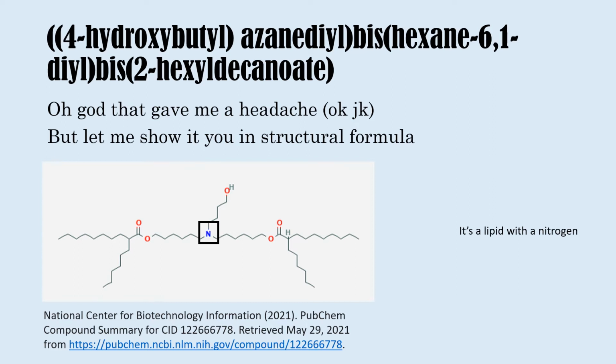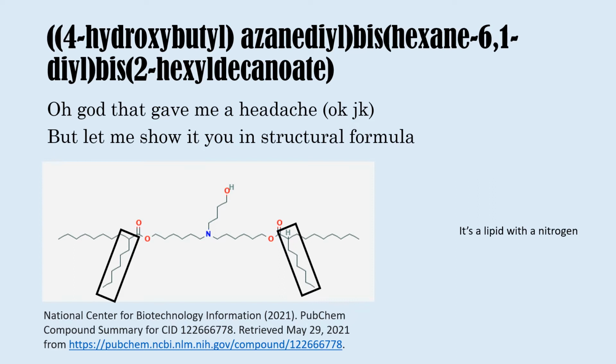And we have the nitrogen, which is the reason why this thing is called acene diol. That's the general structure, like a nitrogen with 3 hydrogens, like ammonia kind of a vibe. But since there's other things instead of H, it's not ammonia. And then we have the bis hexane 6,1 diol, and that is what this is.